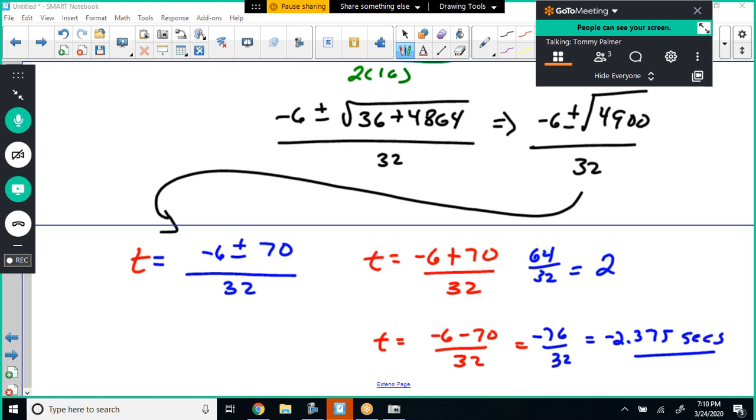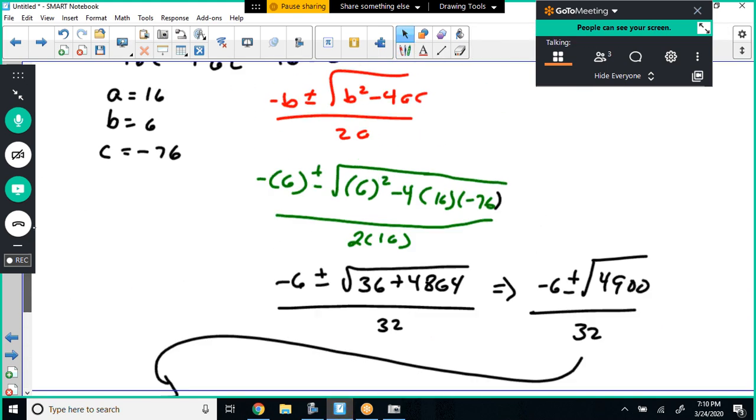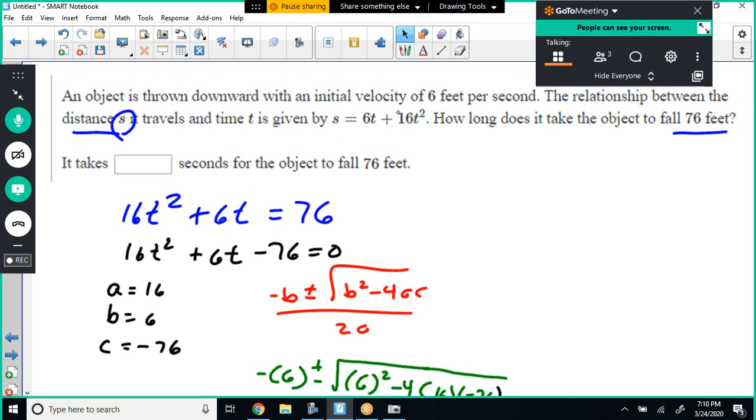And we know we can't do this one because we can't have negative time, right? So the time it takes for it to fall 76 feet is 2 seconds. It takes 2 seconds.